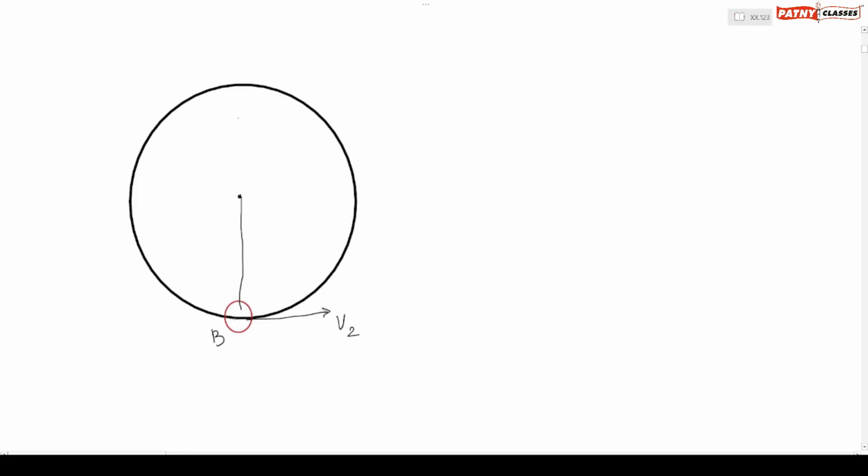The weight of the body acts in the downward direction, and the tension is toward the center, as well as the centripetal force is toward the center. Therefore, the centripetal force is given by m v2 square upon r.